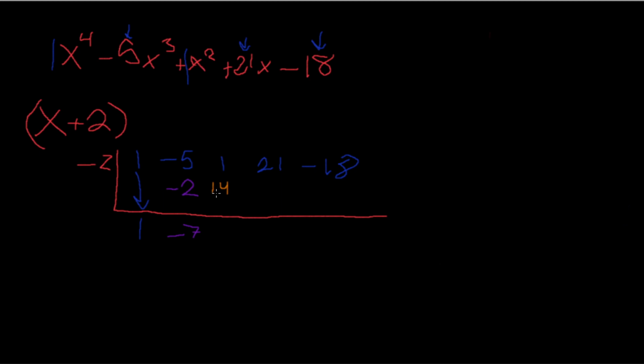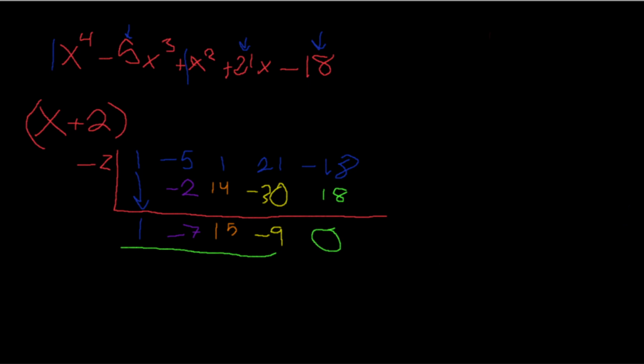Add the two together, and we get positive 15. Then multiply the negative 2 by the 15 and we get negative 30. Add them together, we get negative 9. Then multiply the negative 9 by the negative 2, and we get positive 18. Positive 18 minus 18 is 0, which means these are now the coefficients of our new equation.